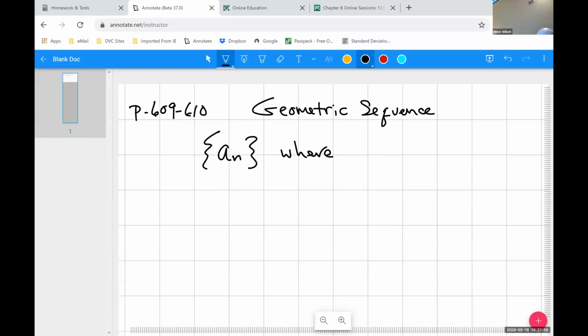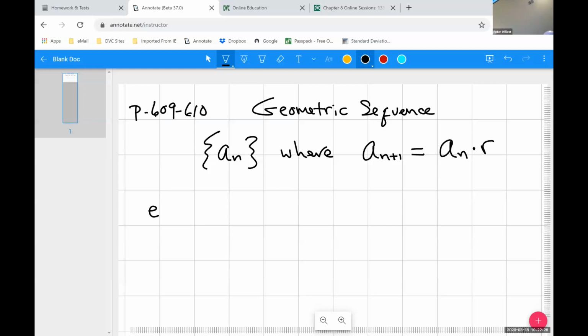We talked about how to describe a sequence either with a formula or recursively, where you say how to get to the next term. So if I use that type of definition, the n plus 1th term, the one after the nth term, is arrived at by taking the previous term, the nth term, and multiplying it by some constant number that doesn't change. In this case, we use the r for that.